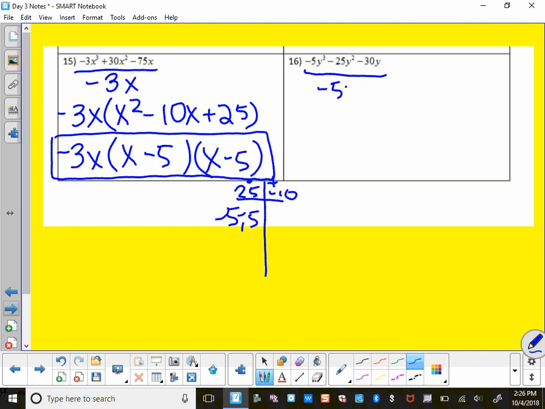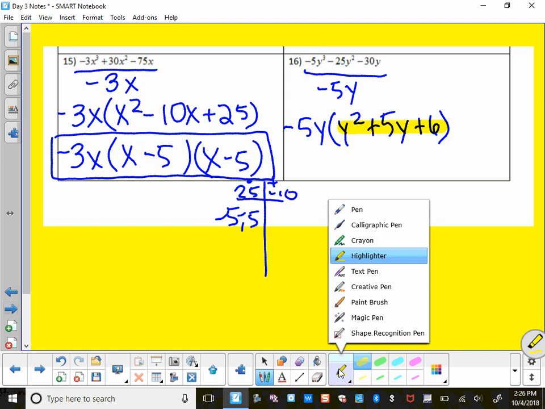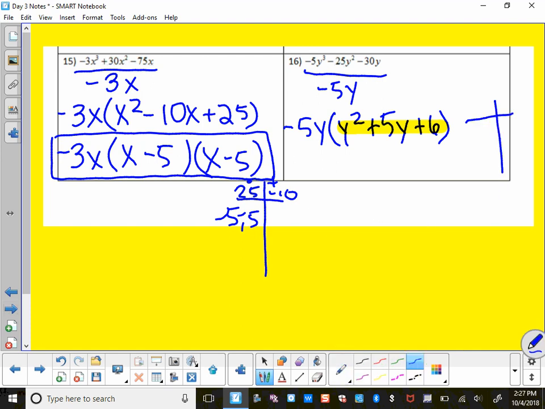Last one, my GCF is negative 5y. Don't forget, if it starts with a negative, to take it out. So we're left with y squared plus 5y plus 6. I need to factor what's in the middle: two numbers that multiply to give me 6 and add to give me 5.